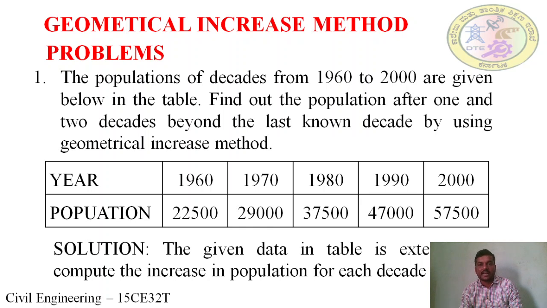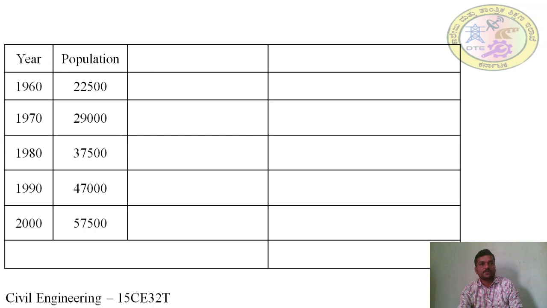A decade means a period of 10 years. So we have drawn another table, and all the given data is entered: 1960, 1970, 1980 and the populations for the respective years.